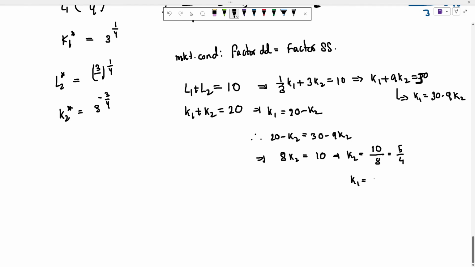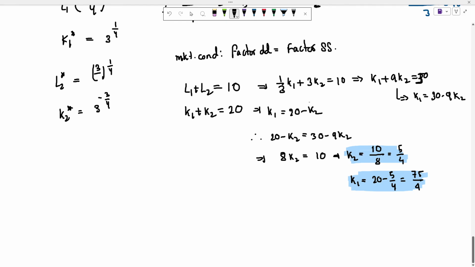Well, my K1 is 20 minus 5 by 4, which is 75 by 4, right? So this is the allocation of capital. Similarly, we can find the labor.